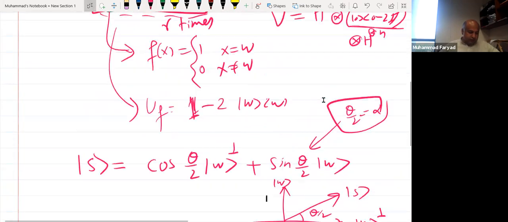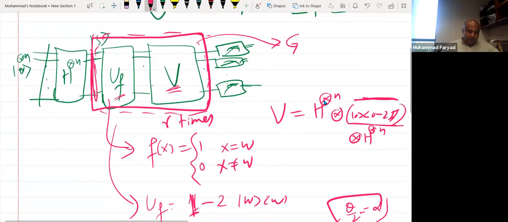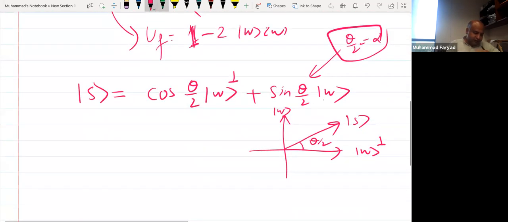And to also recall, the job of UF and V in combination was to take this vector S from here to a position where an angle theta is added to it. There's an intermediate step which I'm not showing this time.